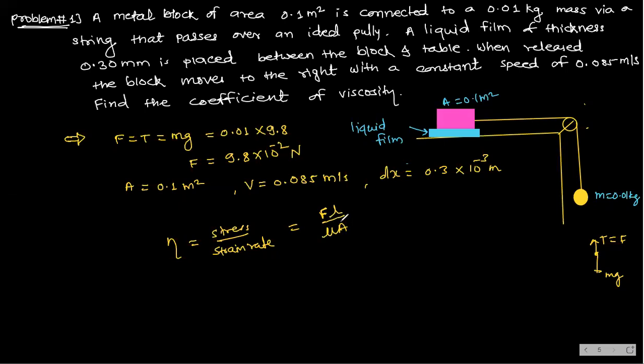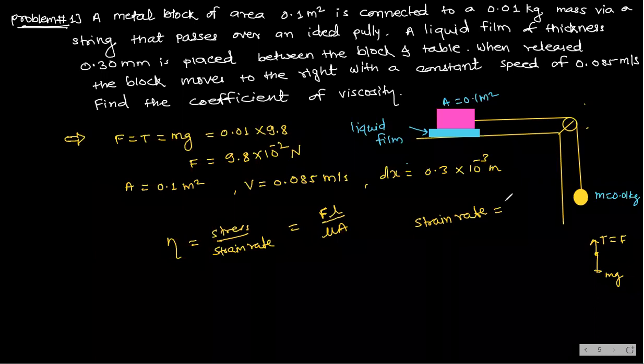Yes, yesterday we have learned this, and that's why this strain rate is equal to, how I can write this, velocity by dx now. So you will get 0.085 divided by this 0.3 into 10 to the power minus 3.